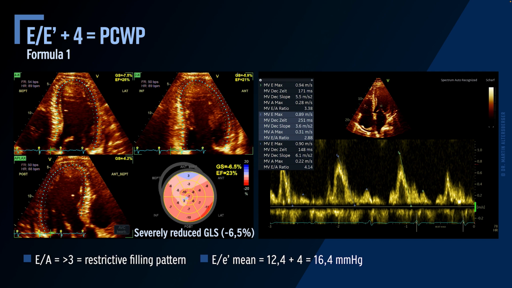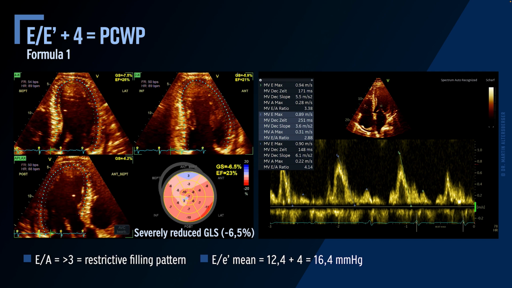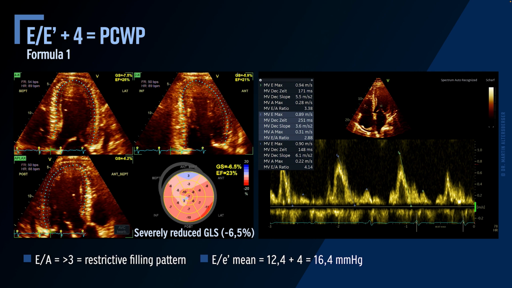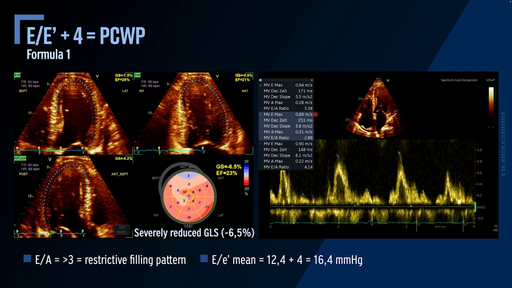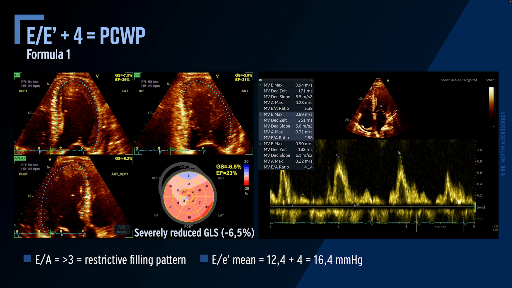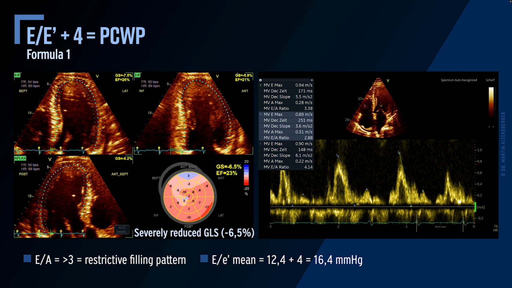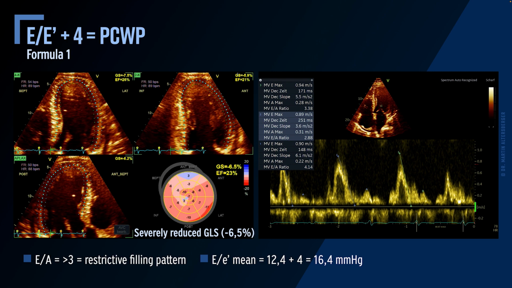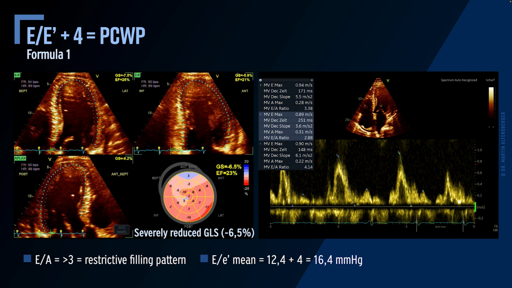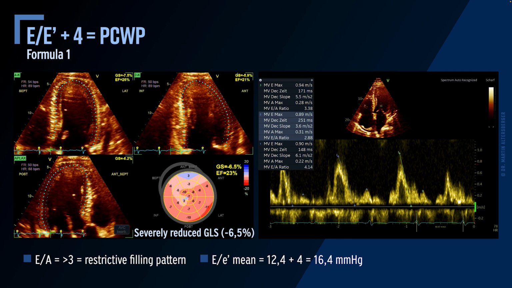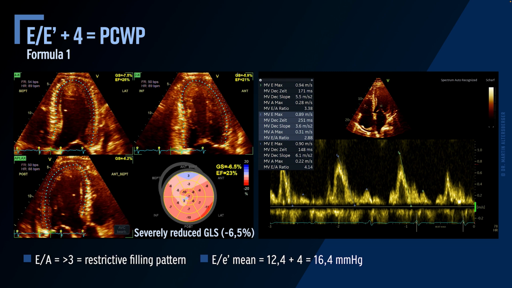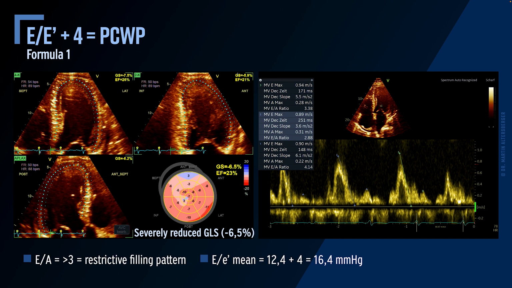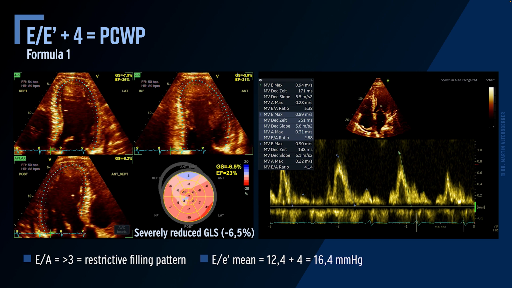Now, we want to estimate filling pressures, we said. Here I have an evaluation of several automated measurements of the E to A ratio, and overall you can see here several measurements, and it's always in the range of around 3. So going a bit forward to evaluation of filling pressures by means of our guidelines, when you have a left heart disease, and in this case heart failure with reduced ejection fraction, shows with this severely reduced EF with the severely reduced strain, shows left heart disease.